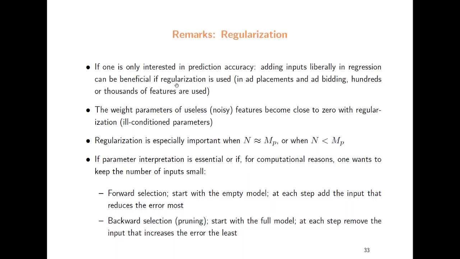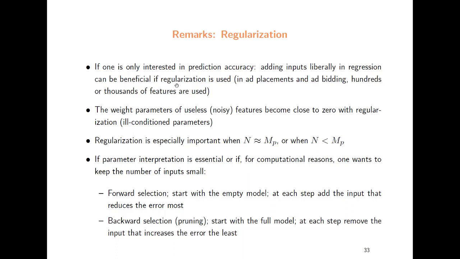So there are a lot of inputs, and if you use regularization, your chance is quite good that this will still work, because the influence of the unimportant inputs will be reduced by the regularization.